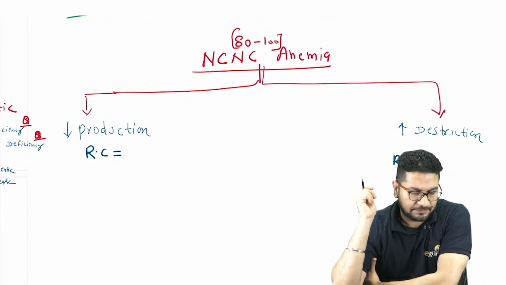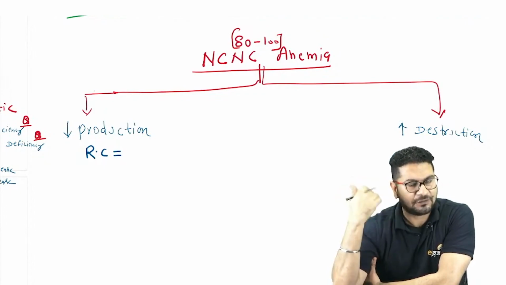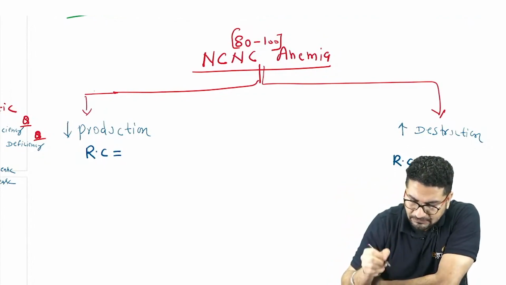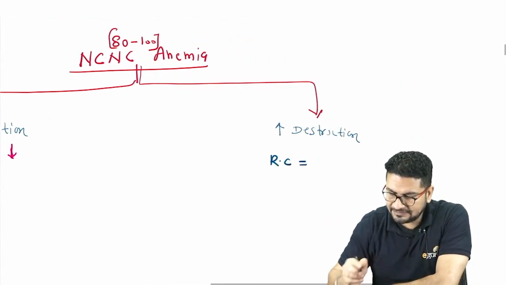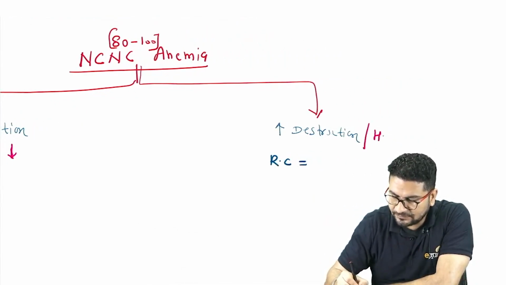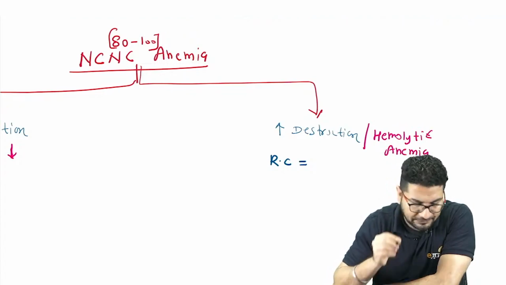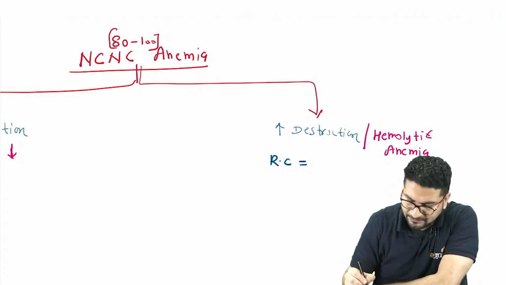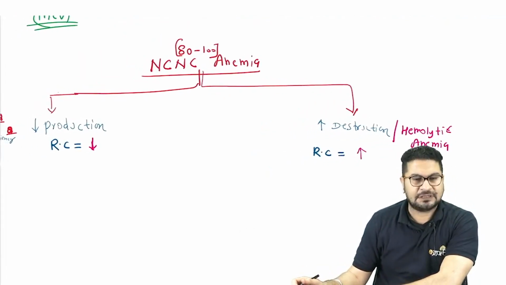Anemia due to decreased production means nothing is being produced, baby RBCs are also not being produced. So the reticulocyte count will decrease. And if I say increased destruction, this is what we call hemolytic anemia. In hemolytic anemia, the reticulocyte count will increase. Am I clear?